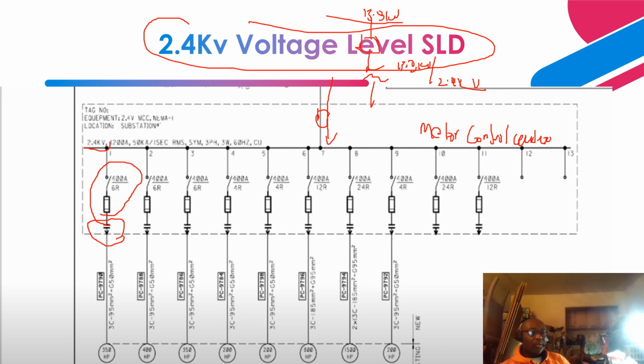This is rated at 2.4 kV nominal voltage, and the continuous bus rating is 1200 amps. The short circuit capability is symmetrical for 1 second, they call it short time. The symmetrical short circuit rating is 50 kiloamps RMS, and it's a three-phase, three-wire, 60 hertz, copper bus, right?